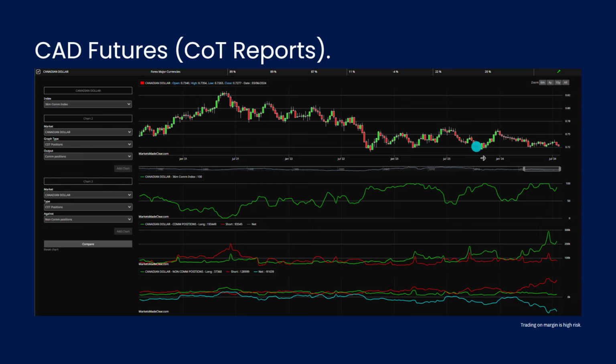Now, let's have a little look at some COT reports. What I've got here is a chart with an overlay of the Canadian dollar commercial positions and the non-commercial positions. Commercials are in the market for business purposes, so they're hedging the market.